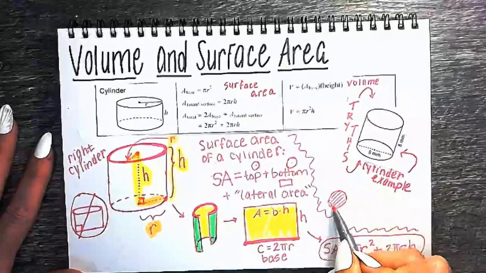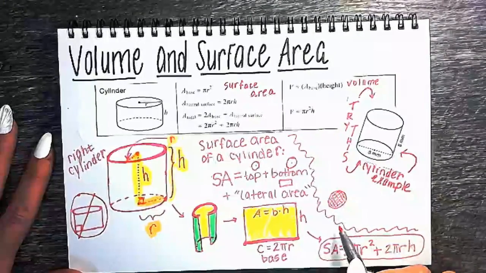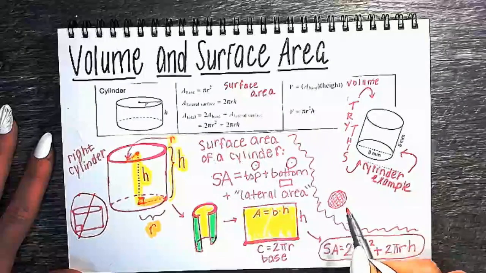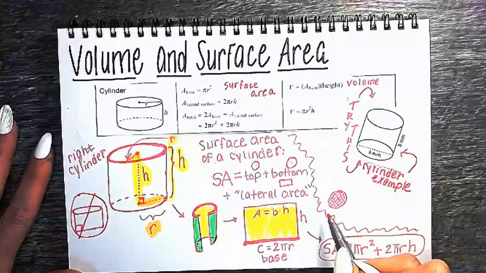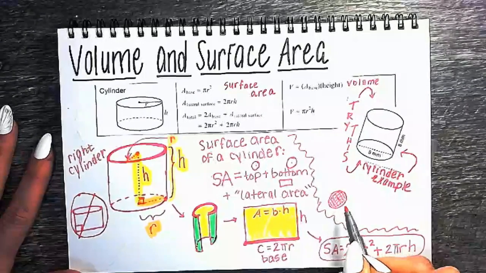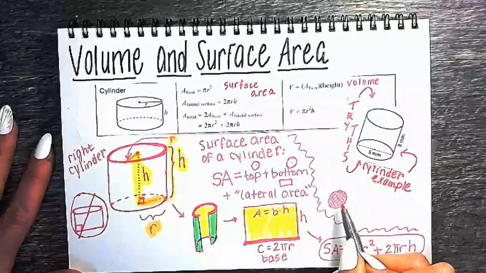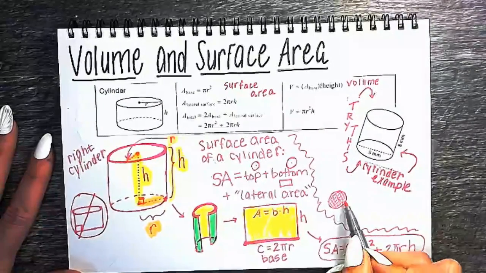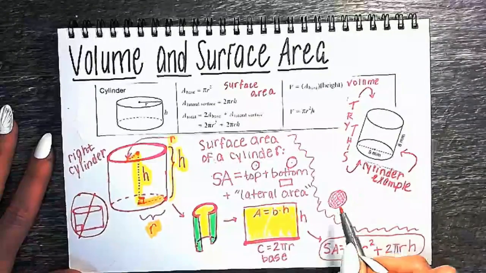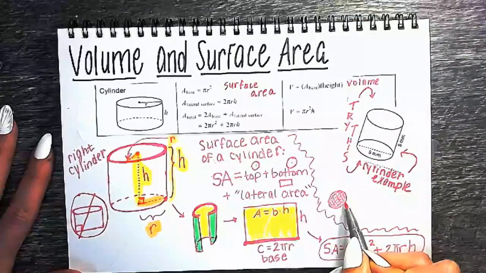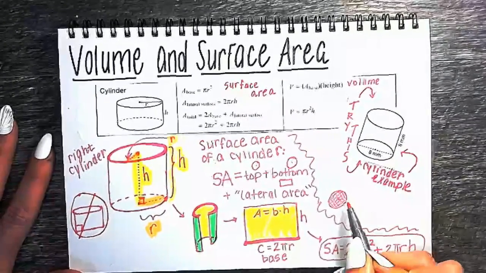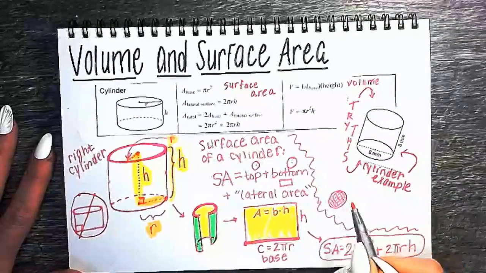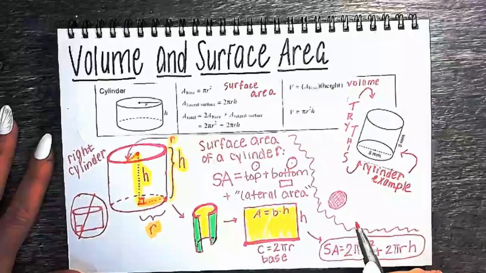So really what you do is you find the area of this base, whatever the shape is, circle, triangle, rectangle, octagon, pentagon, any shape. You find the area of the base and you multiply it by the height. And what that does is it takes that two-dimensional shape and gives it that third dimension popping up out of the paper.